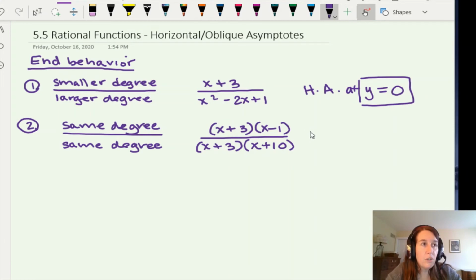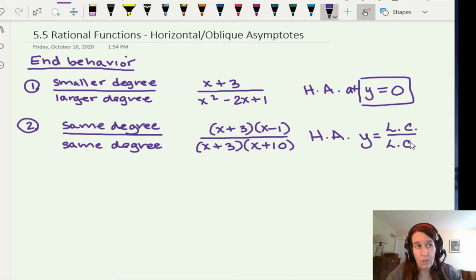You're going to have a horizontal asymptote, and that horizontal asymptote is going to be y equals the ratio of the leading coefficient divided by the leading coefficient. So in this case, because the leading coefficient would be 1, this would be x squared over x squared, we would have y equals 1.